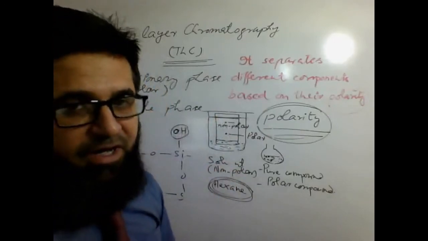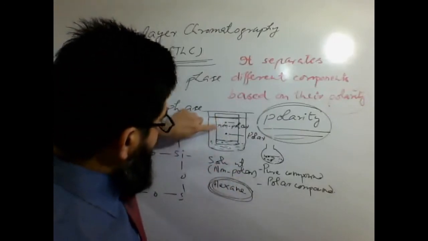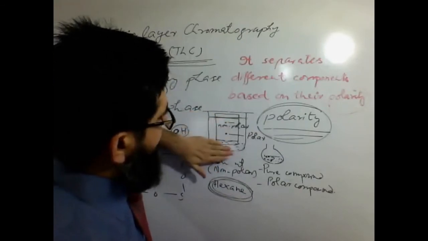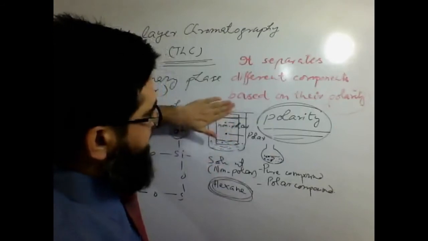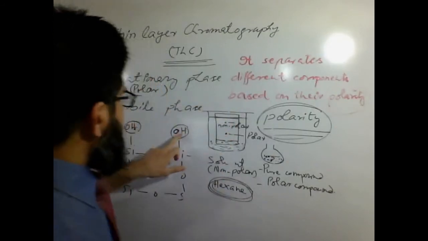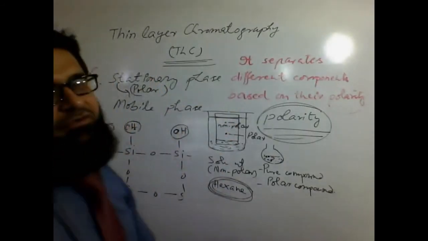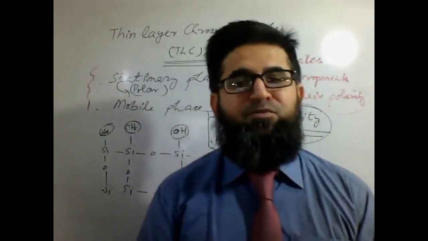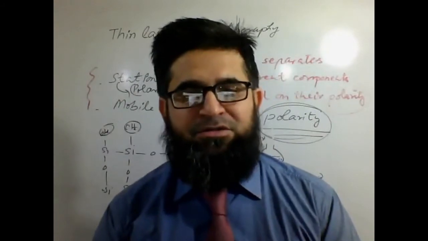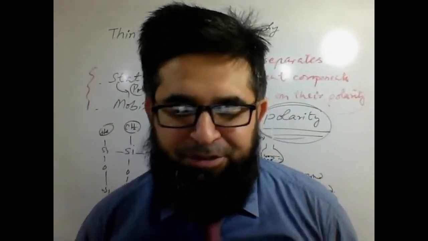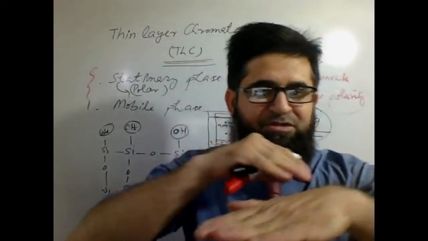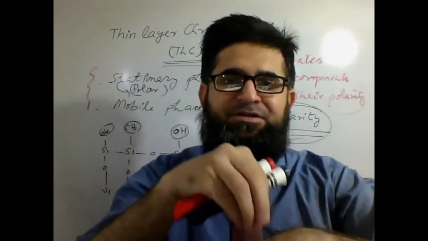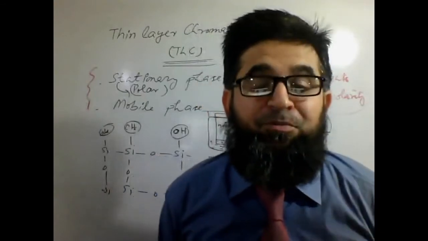Like dissolves like. The non-polar solvent moves up, takes non-polar molecules with it and moves a bit high. The polar ones are retained by the hydroxyls of the silica. Their movement is hindered by the hydroxyl groups present on the surface of the TLC, which produce resistance to the movement of the polar molecules.